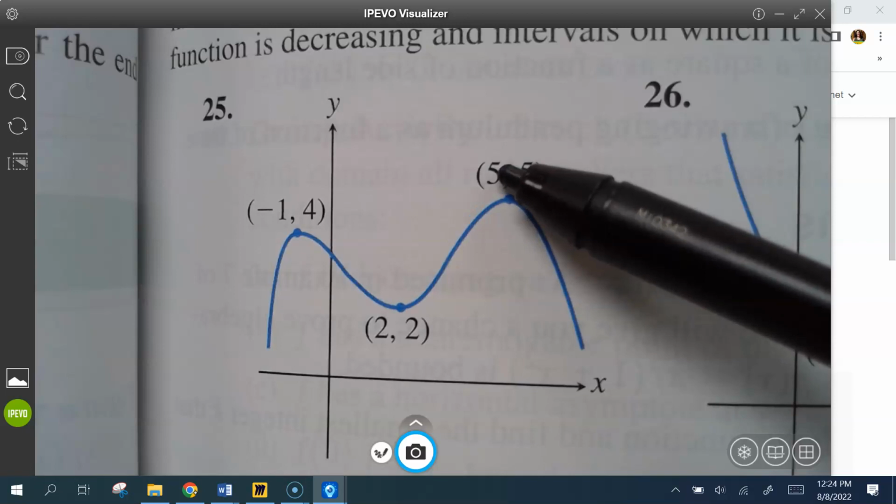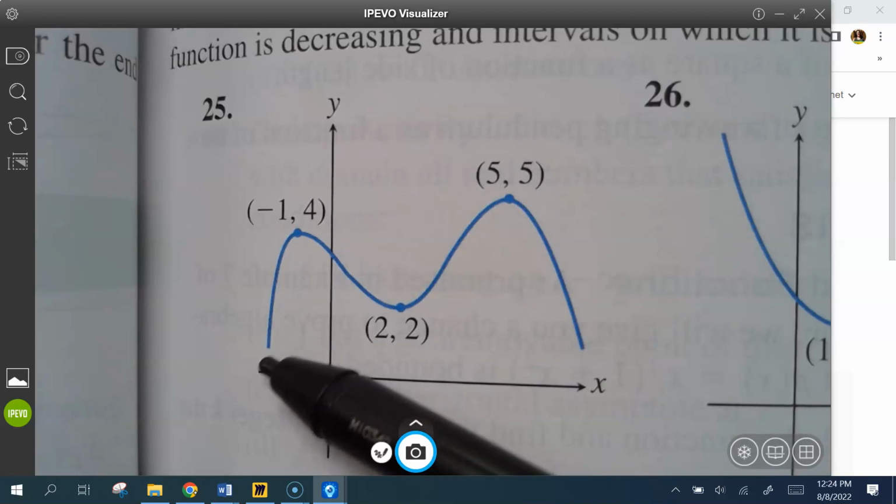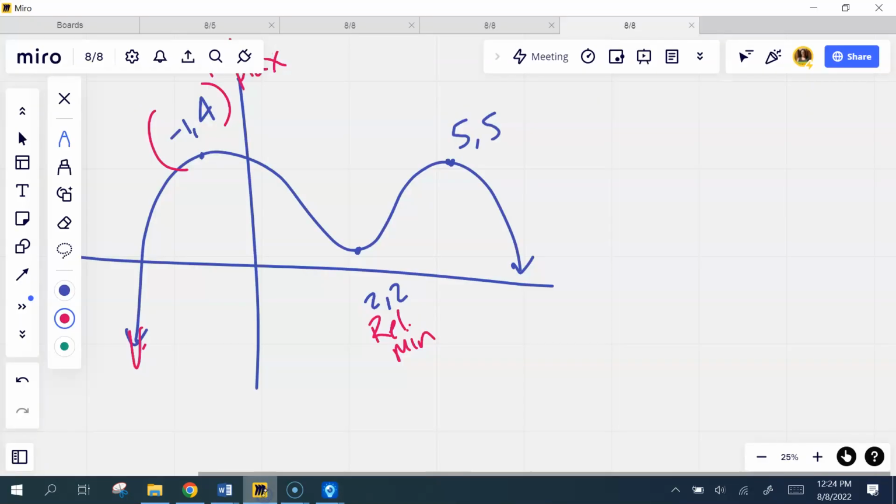So now let's talk about the increasing, decreasing intervals. From negative infinity, if my graph goes down forever, from negative infinity until I get to what? -1, is that increasing or decreasing? Increasing.